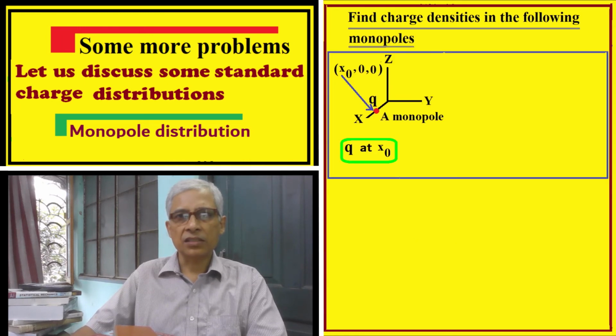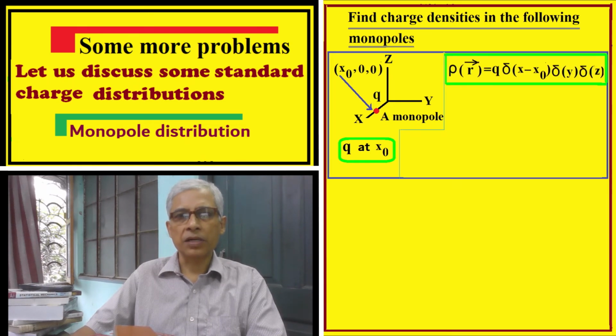Let us recast the same problem by supposing that the monopole Q is placed on the x-axis at x0, and so the Dirac delta part containing x would be x minus x0 since the x coordinate of the charge is x0. The Dirac delta part containing y would be y minus 0 since the y coordinate of Q is 0.